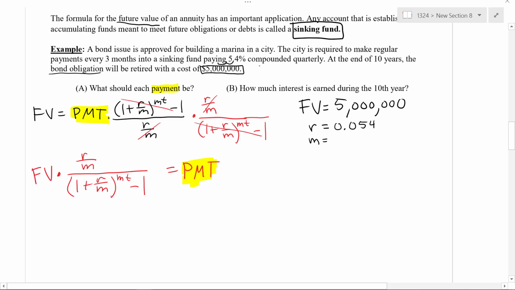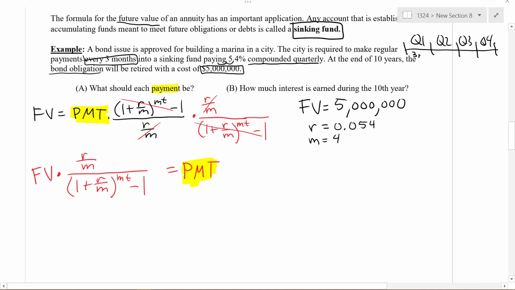We need to know the m value. This says that we are compounding quarterly and we are making payments every 3 months. Let's remind ourselves what that means. Quarterly means we have 4 quarters: quarter 1, quarter 2, quarter 3, and quarter 4. So we have 4 quarters per year, and our m value is 4. Also notice that we're making payments every 3 months.